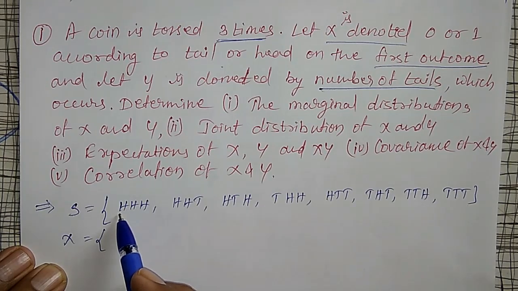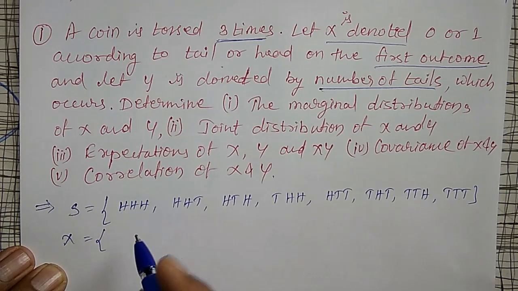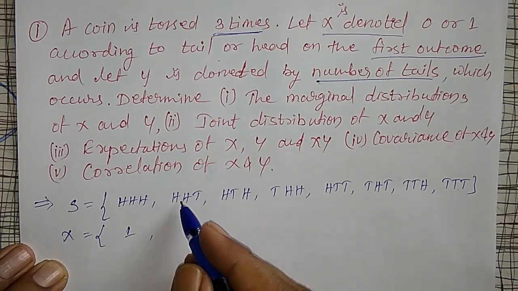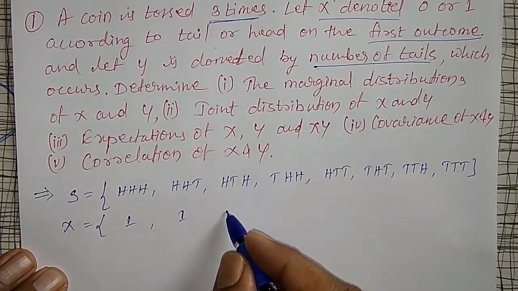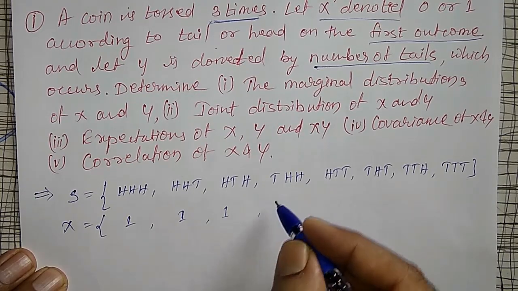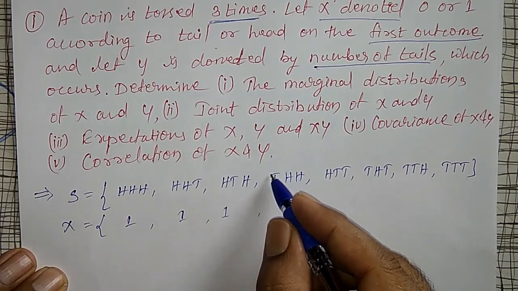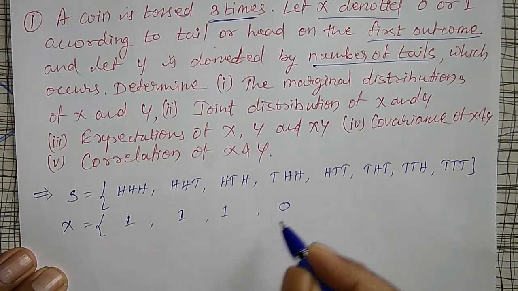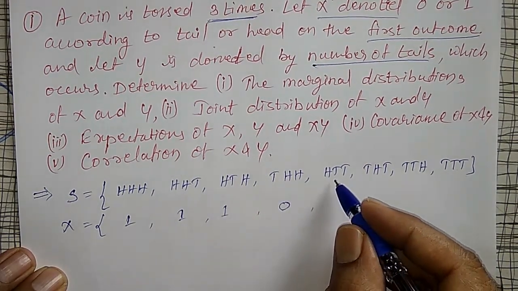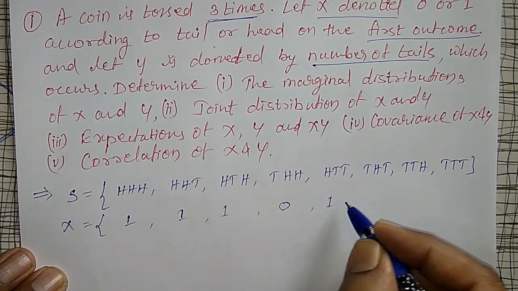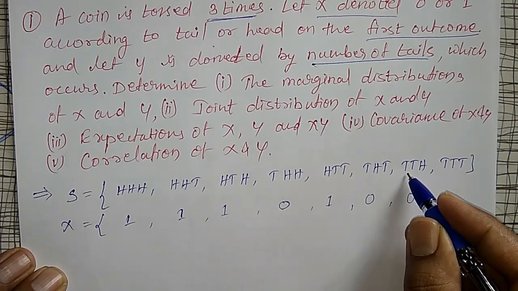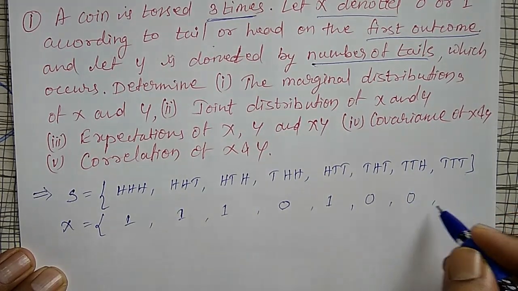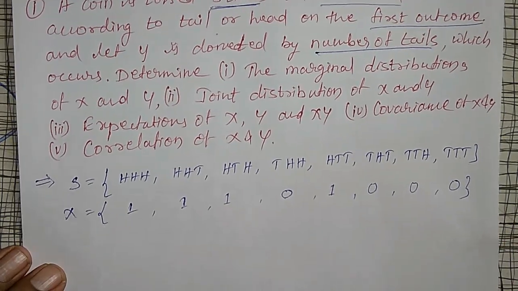Here the first outcome is head, therefore I denote it by 1. Here also the first outcome is head, so 1. Here also head, first outcome 1. But here the first outcome is tail, therefore I denote it by 0 for the x random variable. And here head again, therefore it is 1. And here it is tail, so 0. Here also tail. First outcome, very important, first outcome. Therefore here also it is 0. Like that.